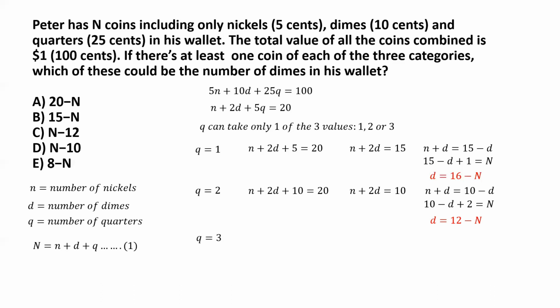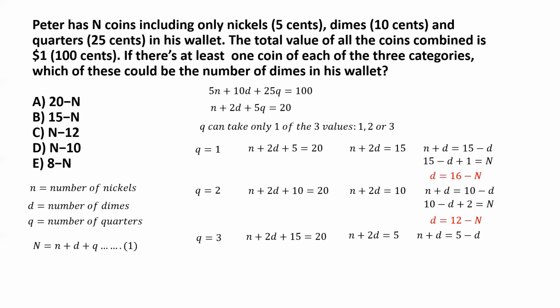Well, q can take one more value. So that's q equal to 3. And again, the approach is pretty much the same as the first two. We substitute q equal to 3 in the equation n plus 2d plus 5q equal to 20. 5q becomes 15. So from this, we obtain n plus 2d is equal to 5. And if n plus 2d is 5, then n plus d will be 5 minus d.